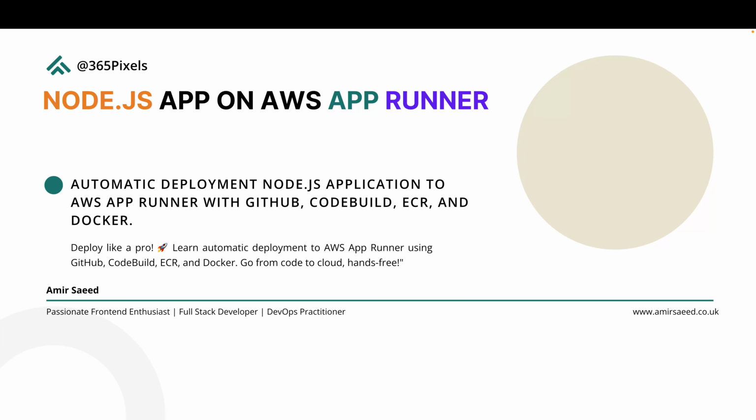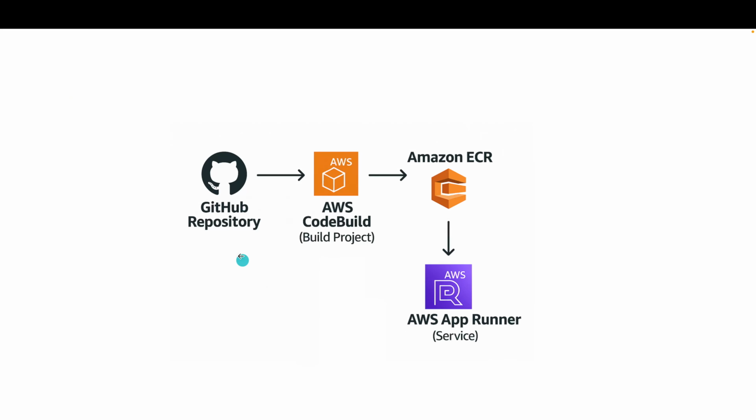To deploy the application, what we're gonna do is, I have created the Dockerfile for this Node application, so we're gonna Dockerize this application, which I already did. Then the next thing is we are going to upload to the GitHub repository, and I created the connection with AWS CodeBuild.